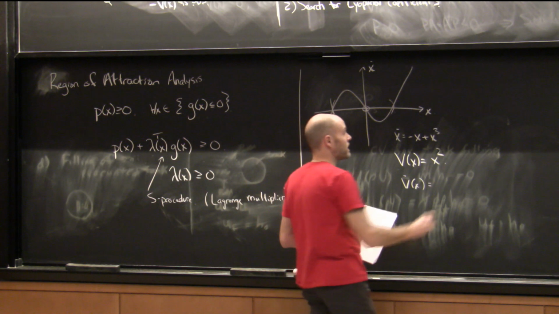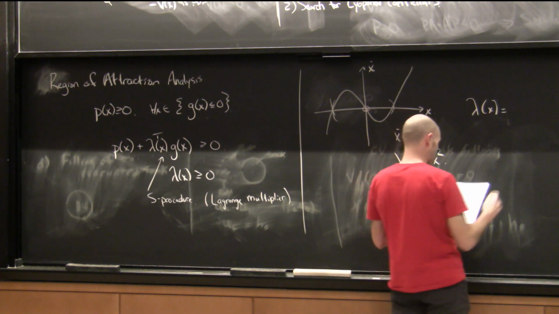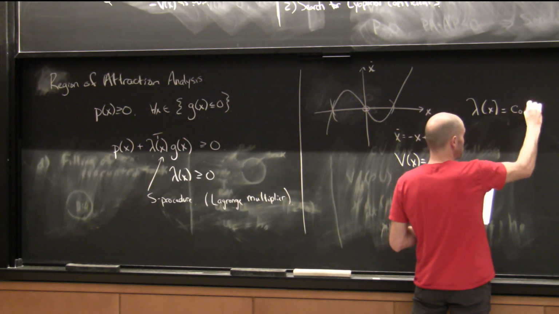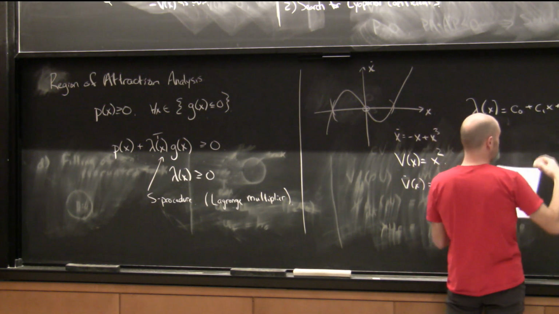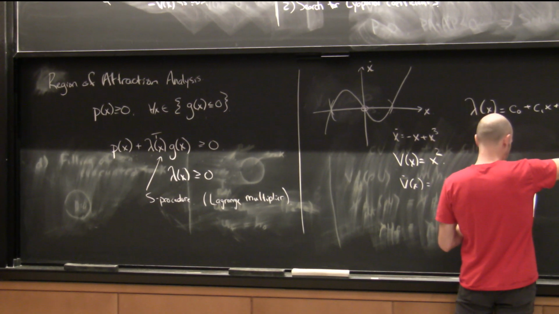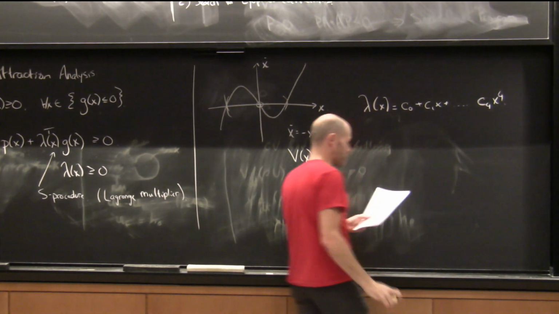So what I'm going to do is pick a lambda of x, c0 plus c1 of x, and so on. I think in the example I picked it up to the 4th power, even though I'm sure that's more than you need.